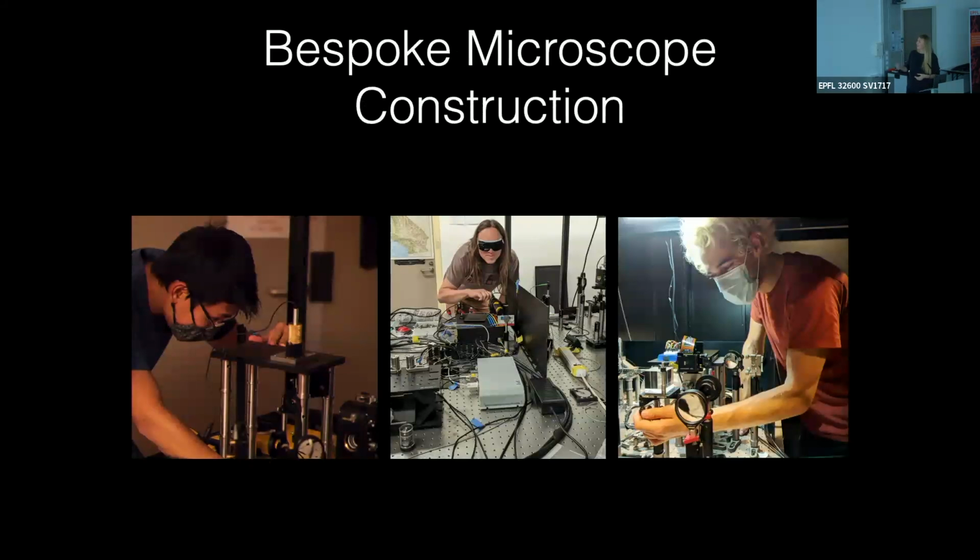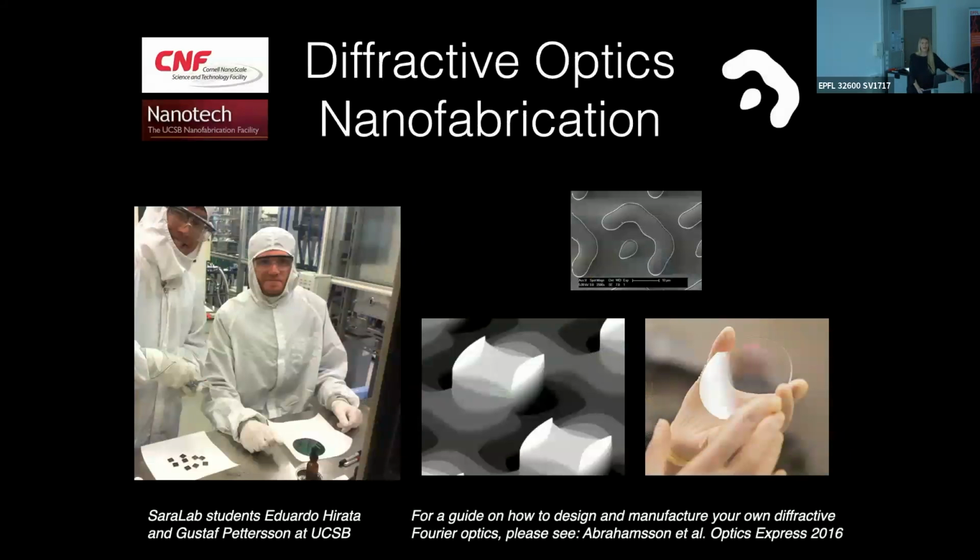And people spend a lot of time alone in dark rooms putting components together. These are some of the students I've worked with through the years with their different imaging systems. We've done a lot of fab work too, because diffractive optics, you can design them, but then you also have to make them.